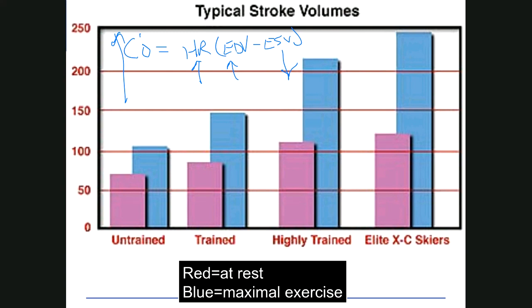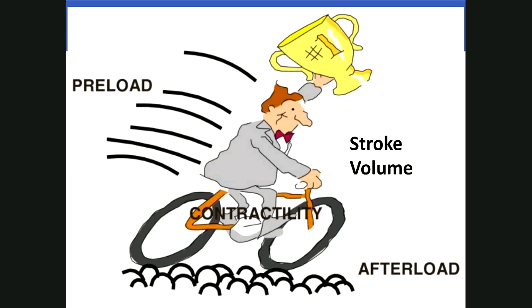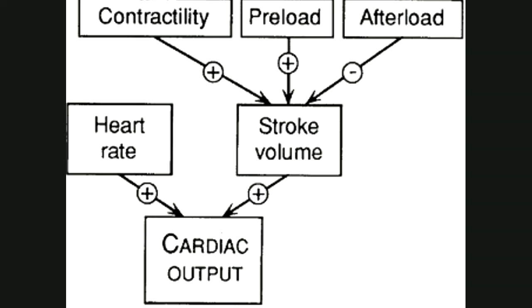We go back here. Remember, here's EDV. Here's ESV. So if I want this number to go up, I can make that go up or that go down. Again, there's EDV, there's ESV.